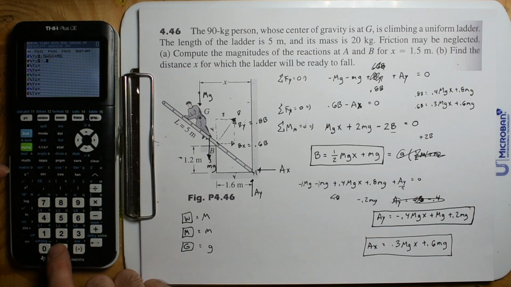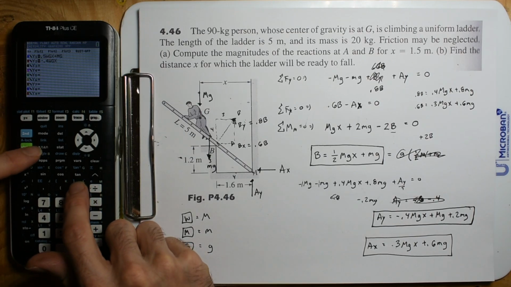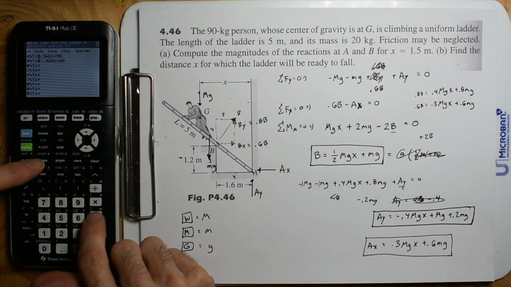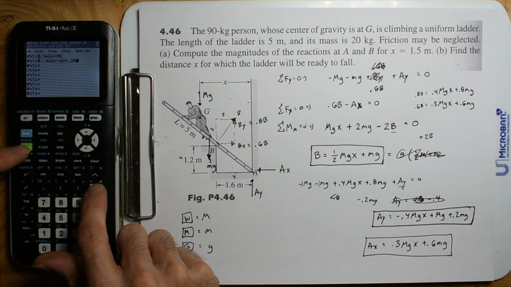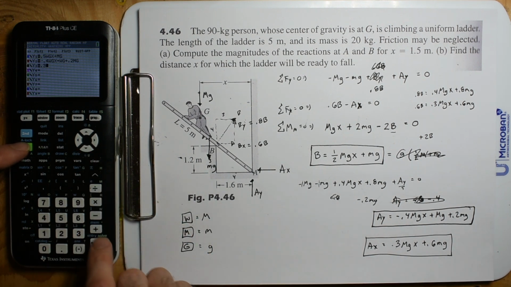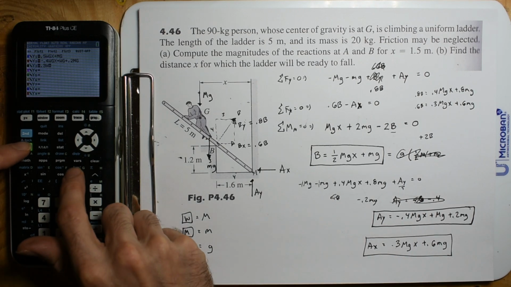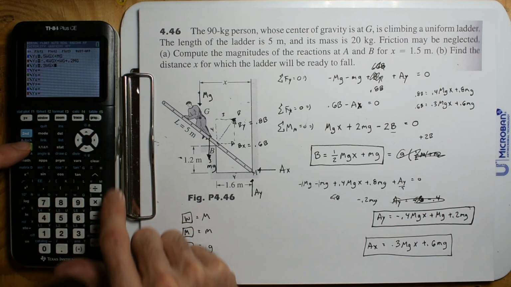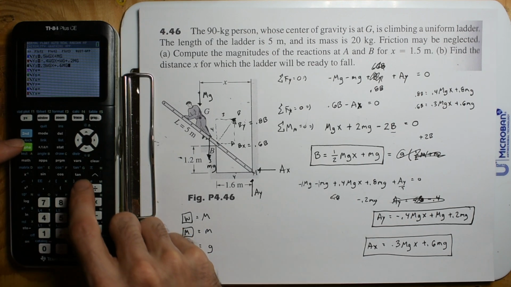So we got negative 0.4 alpha w alpha g x plus alpha w alpha g plus 0.2 alpha m alpha g. All right, now we got this one: 0.3 alpha w alpha g x plus 0.6 alpha m alpha g.